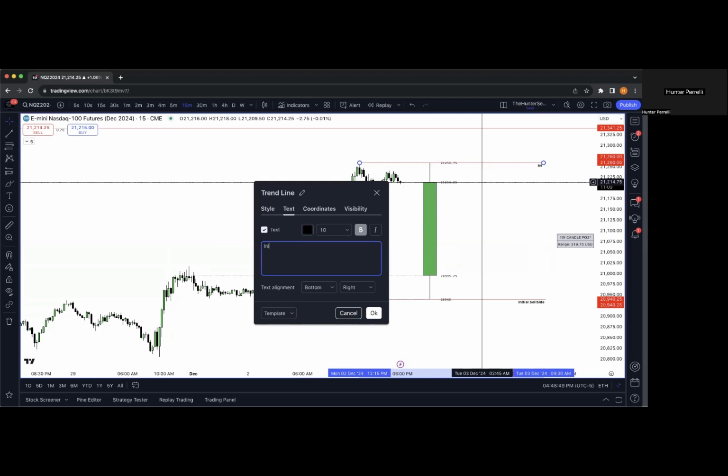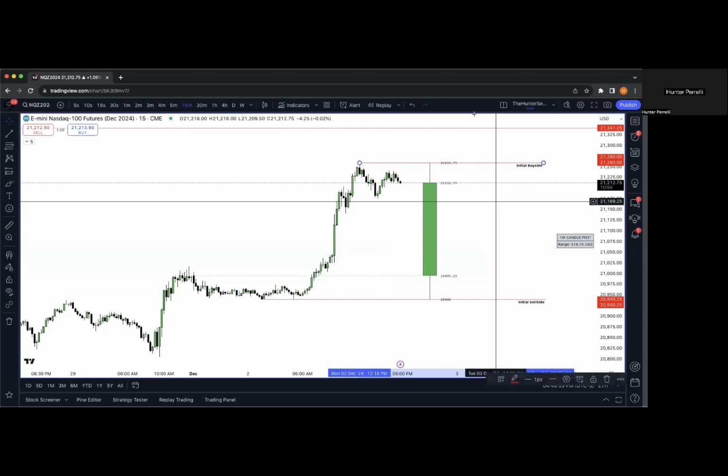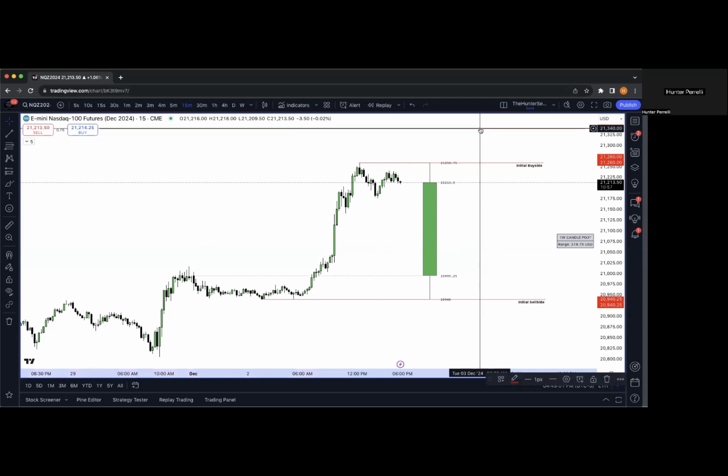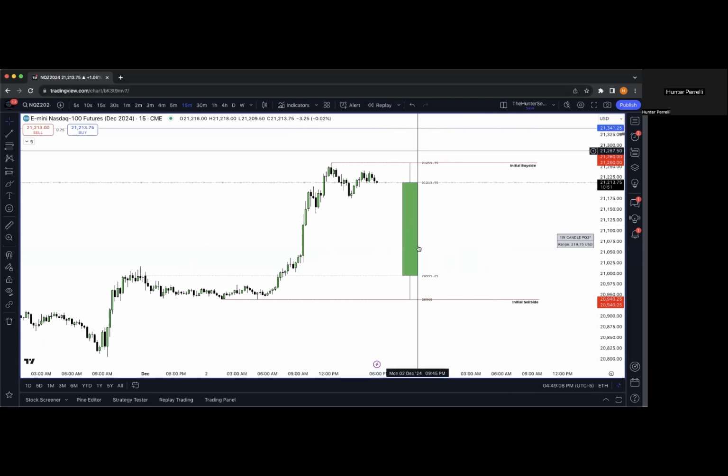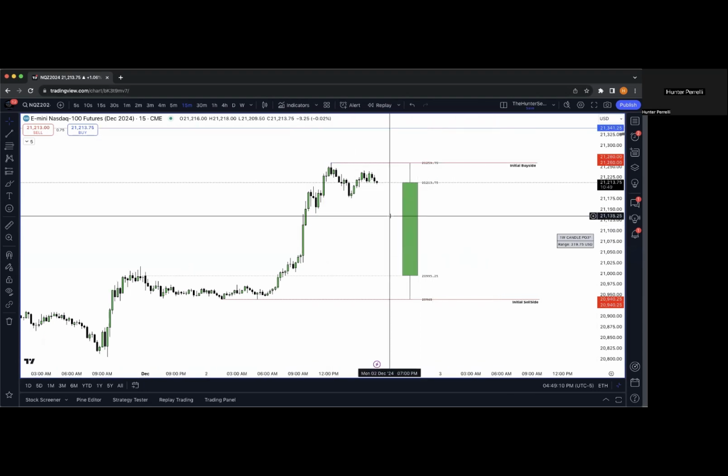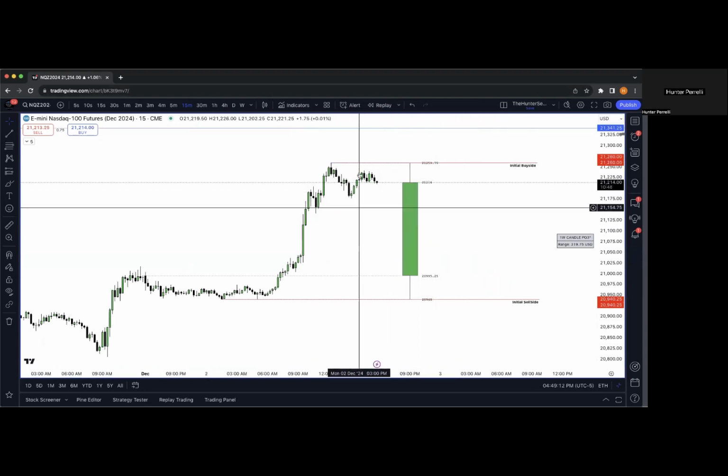But this is going to be initial buy side. And I'm just going to keep our draw on the week. Just make it blue. But this is currently what I have. Okay. And tomorrow we're gonna work based on these factors.